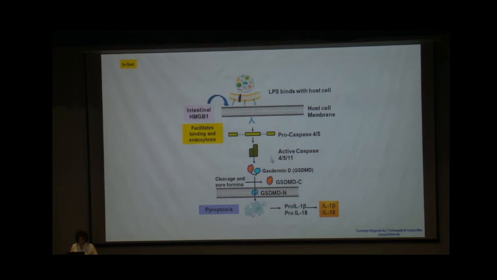Even in a healthy gut, it activates caspase 4, 5, 11, which activates gasdermin D, which is cleaved. Now it makes a pore in the membrane, because the gasdermin C is removed, but the gasdermin D N-terminal makes the pore in the cellular wall, and pyroptosis starts. With pyroptosis, pro-IL-1 beta and pro-IL-18 convert into IL-1 beta and IL-18. This is a healthy gut.